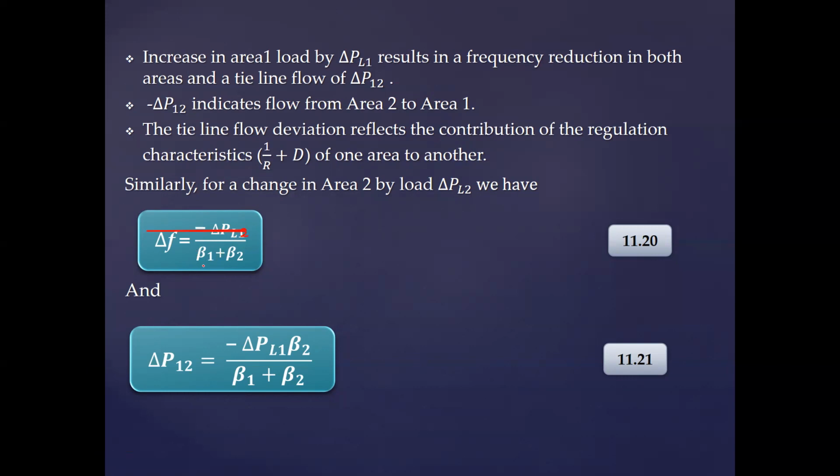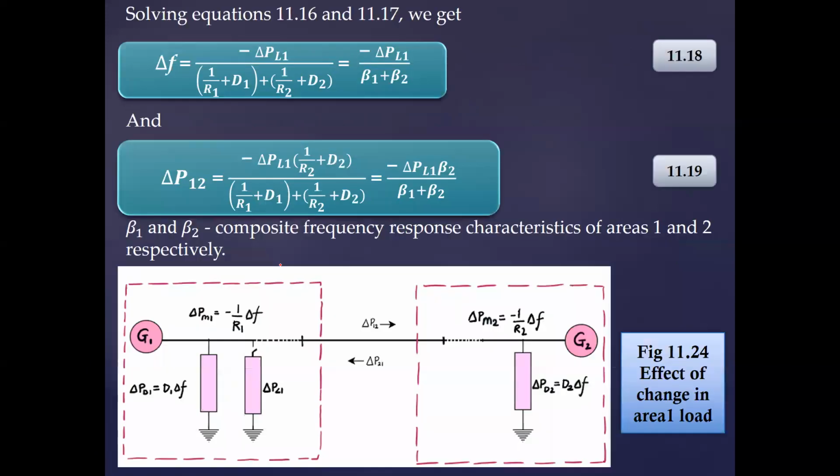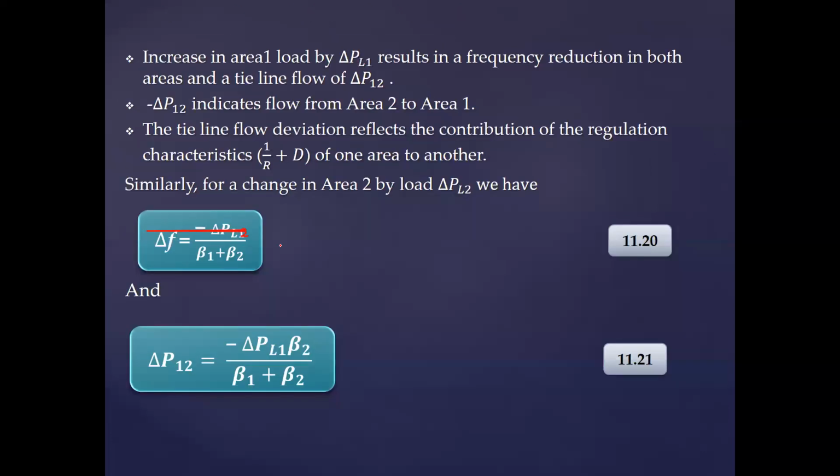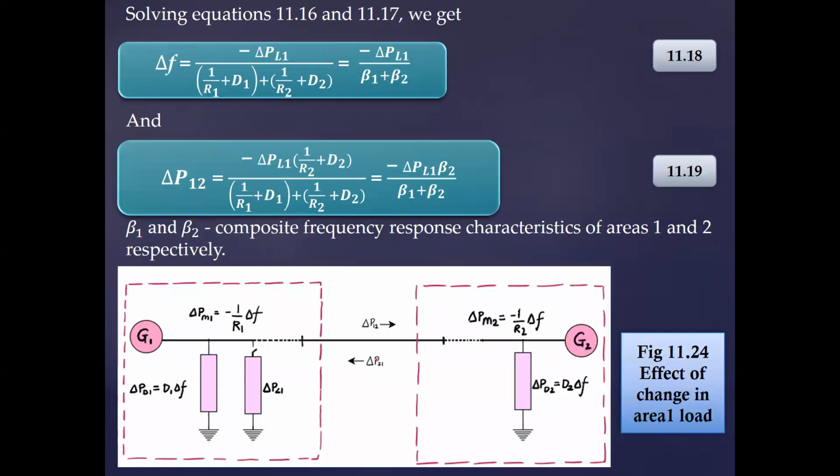And then what is the composite frequency response characteristic? It is the same form of the relationship that you have here. And then the power flow through the tie line is the same way, as the previous one you had.